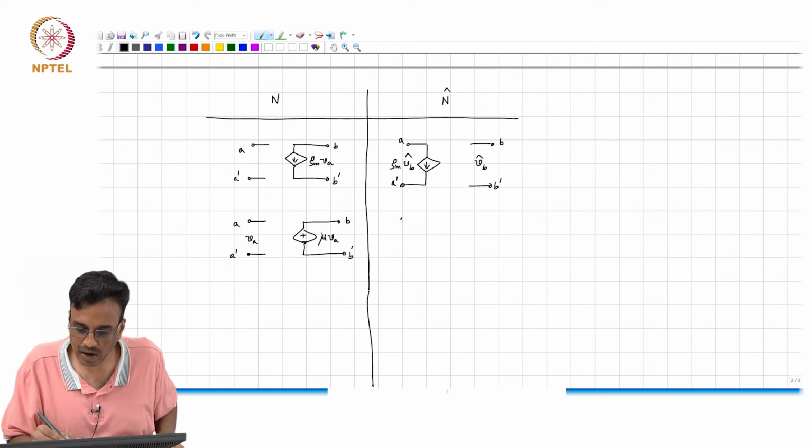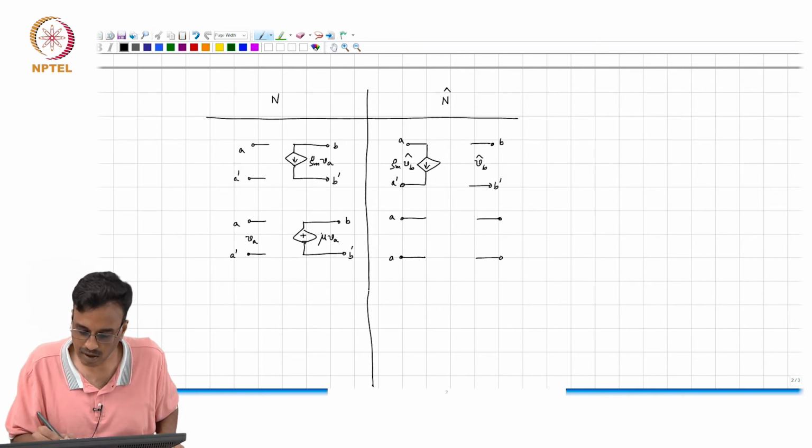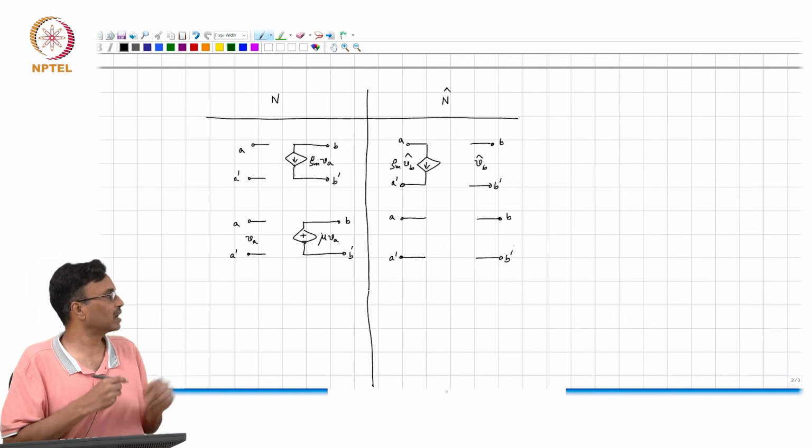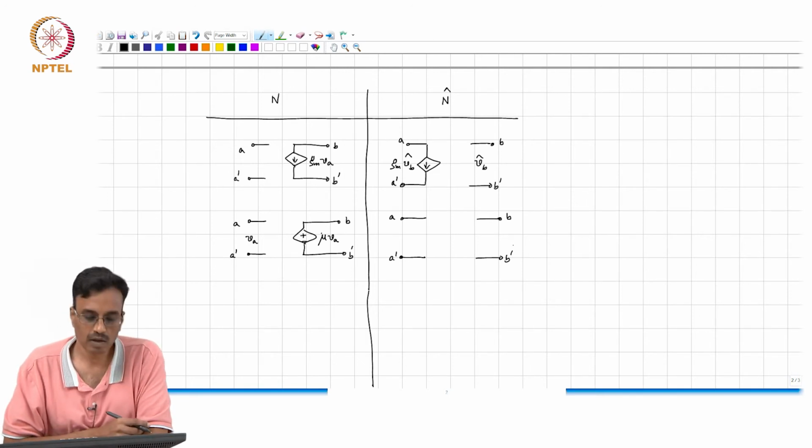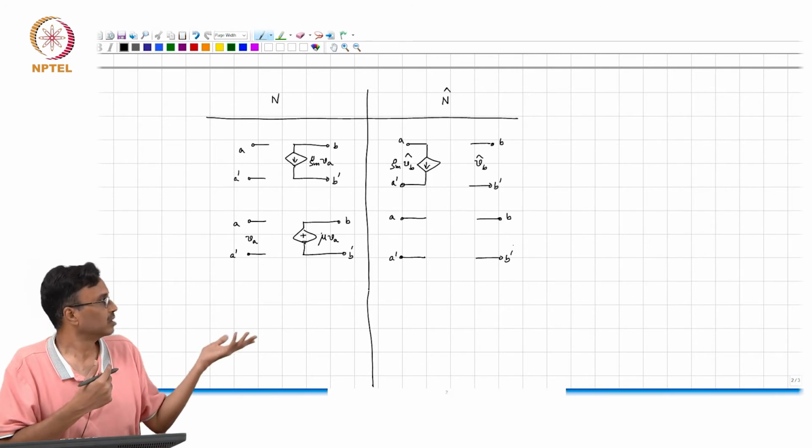What comment can we make about what we need to do in N hat? This is A, this is A prime, this is B, this is B prime. I mean, we can derive it, which I will leave for the homework. But what should you intuitively expect based on our experience so far? Very good.